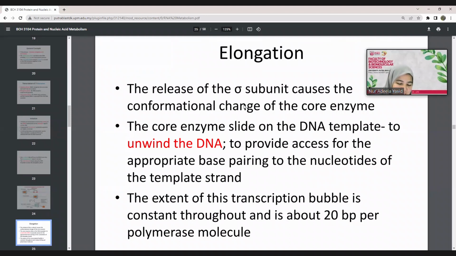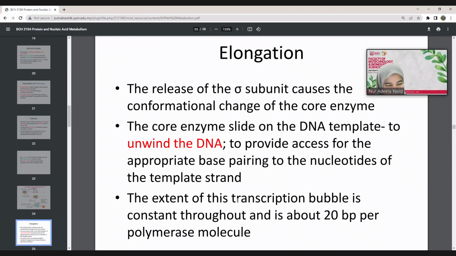It proceeds with synthesizing mRNA in the 5' to 3' direction at a rate of approximately 40 nucleotides per second.